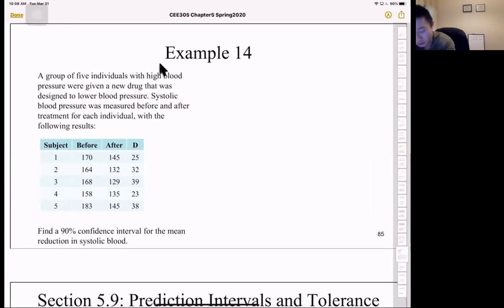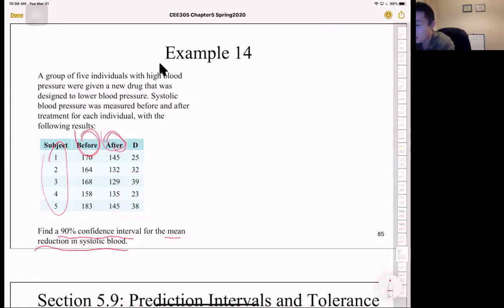Systolic blood pressure was measured before and after the treatment. So this is before, this is after, and these are the 5 patients. The question asks for a 90% confidence interval for the mean reduction in systolic blood pressure. Reduction means the difference between before and after.